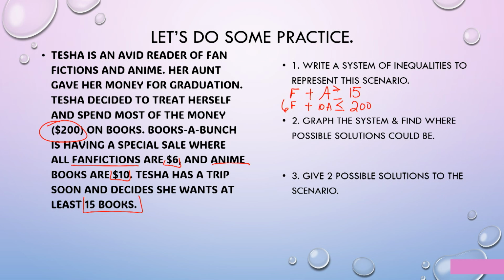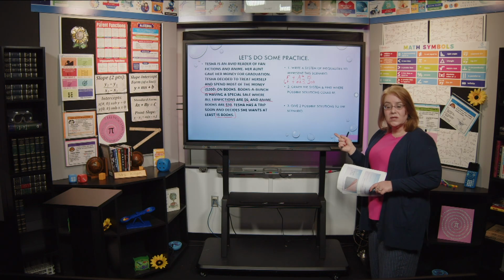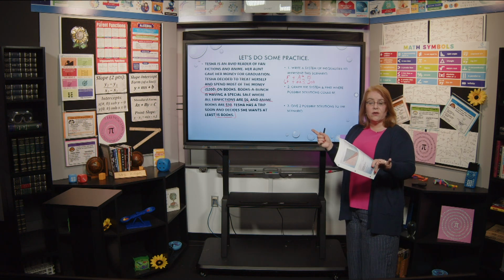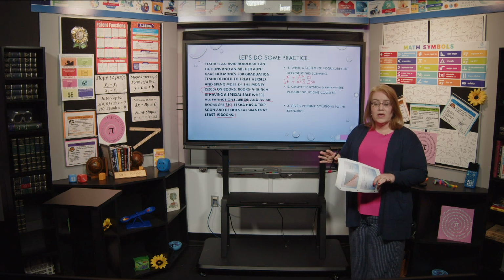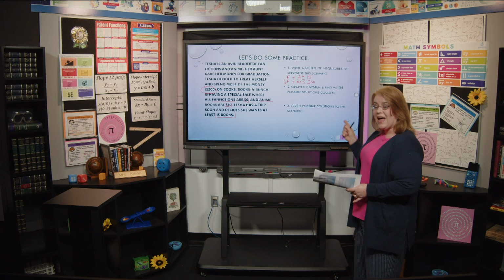So now that I have my system of inequalities, let's go ahead and graph this and see what some of our possible answers are. I'm going to use Desmos calculator if you want, Desmos if you wish. Both of those tools will help you, but I'm going to use Desmos.